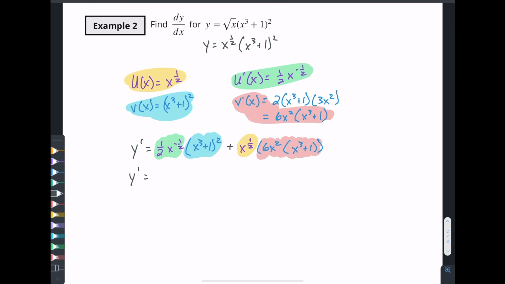All right, so let's simplify this. So y prime is equal to, here I don't think I'm going to do a whole lot because this is squared. I don't want to expand all that out. This is going into the denominator, so maybe I start by saying 1 over 2 square root of x, let's put the blue in the numerator, and maybe we put our x cubed plus 1 squared in the numerator.